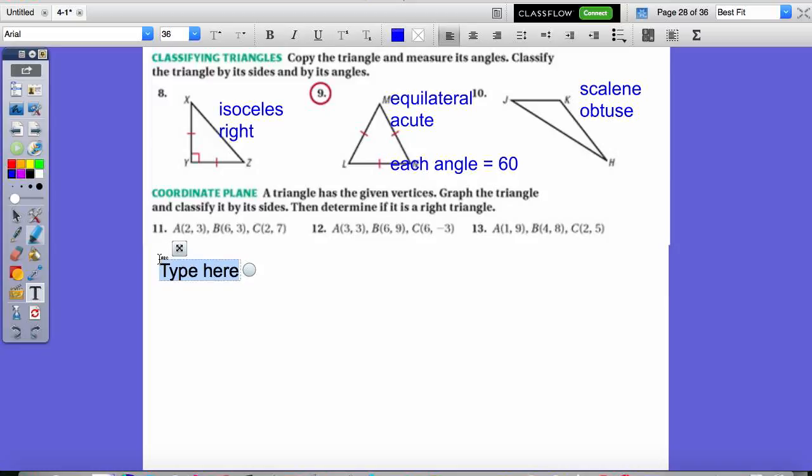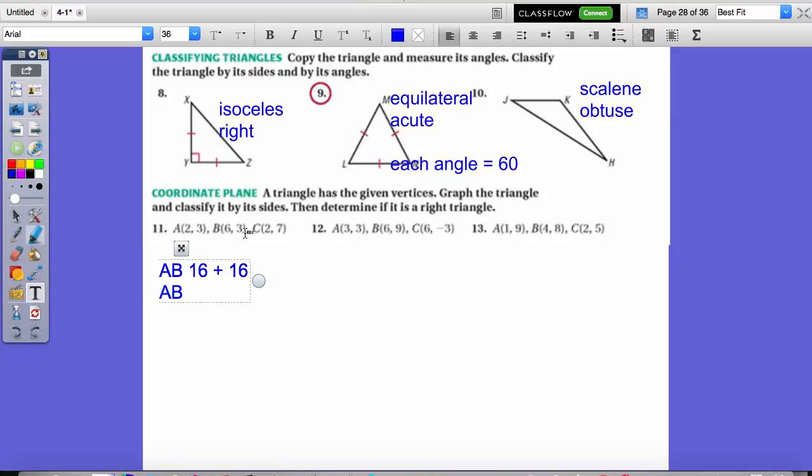So for instance, let's look here first at side AB. And this is all going to be radical. I'm going to type so you can see what I'm doing a little bit better. I'm going to do the square root of 2 minus 6, which is 4, quantity squared, which is 16, plus 3 minus 7, which is negative 4, quantity squared, which is 16.